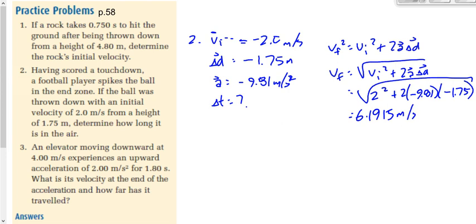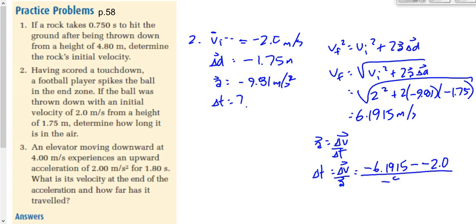Okay, so got it? Got the final speed here? That's final speed, right? The final velocity would be -6.19. Want to find the time here? Now it probably makes sense to do A is equal to delta V over delta T. VF minus VI: -6.1915, because it's downward, subtract -2.0, because it's downward, divided by -9.81.